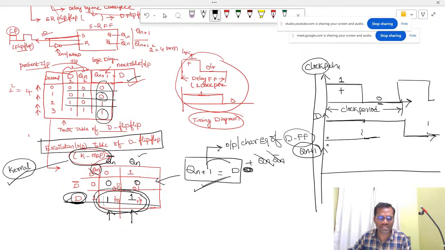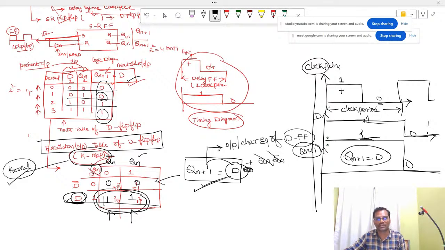Qn plus 1 just follows the value of D. D is 1, and later it comes to 0, and like this it follows. So this is 1, this is 0, this is 1, this is 0. Qn plus 1 just follows the input, and the clock is getting delayed.